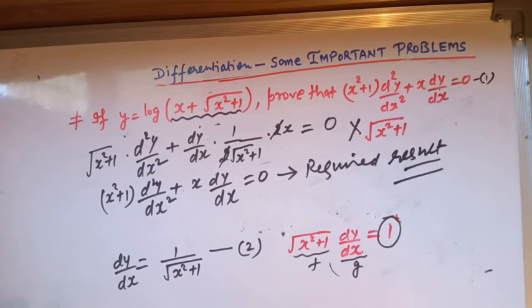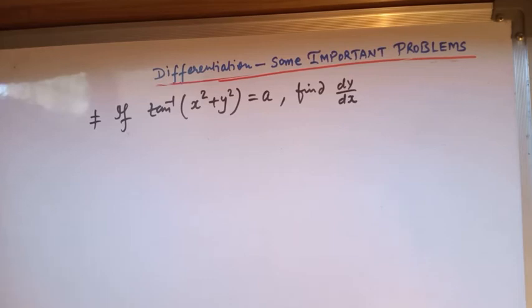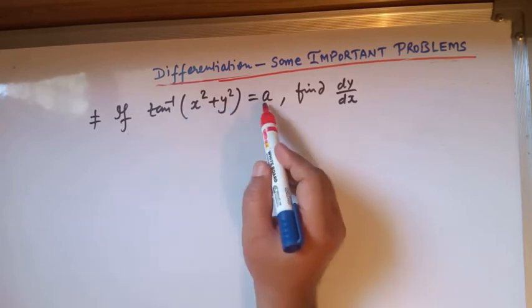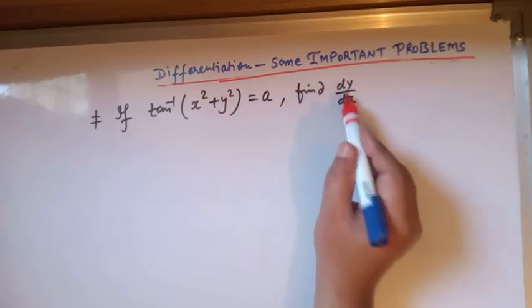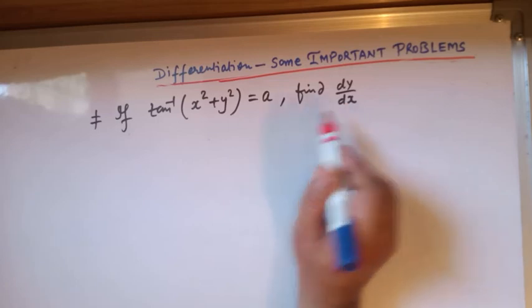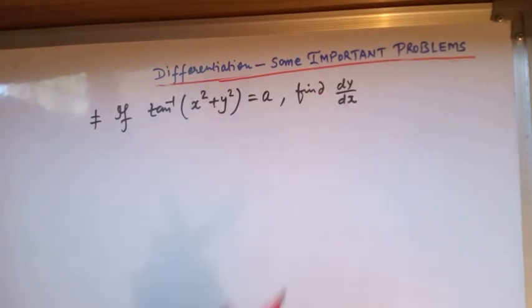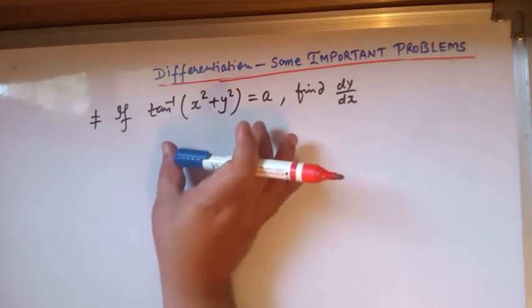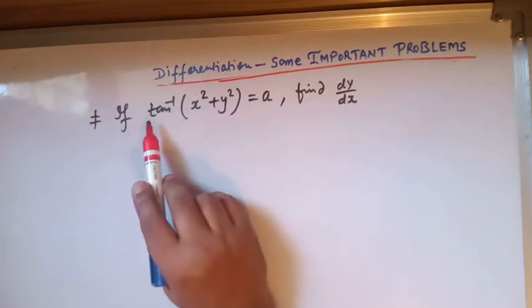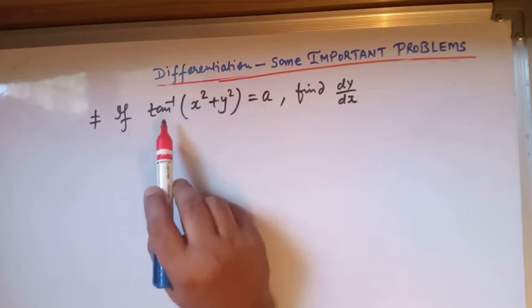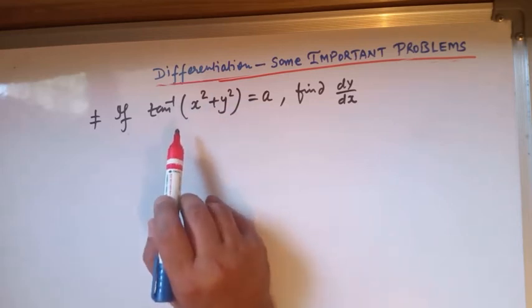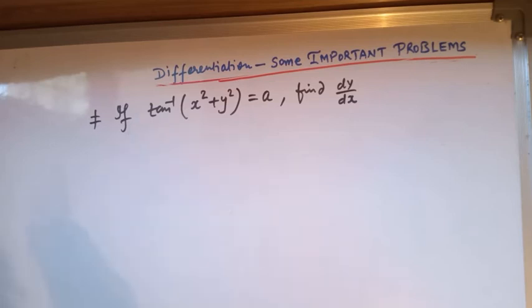Now let us take another question. Viewers, let us take this important example. If tan inverse of x square plus y square is equal to a, we have to find dy over dx. So here also I would like to mention that whenever we do a problem, we first study the problem and we see the appearance of the problem, and we take a close look at how it can be simplified.